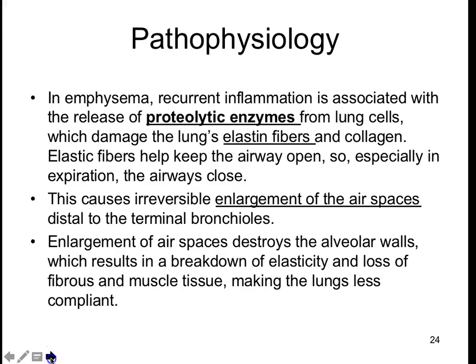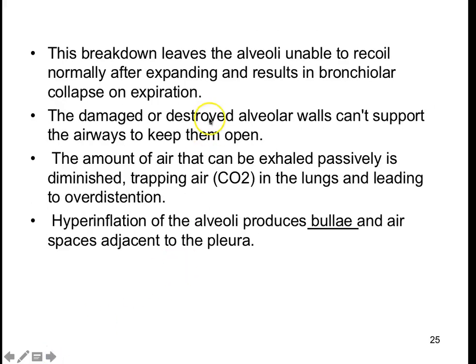And to make matters worse, so this is the breakdown of the alveolar. Damage that destroys alveolar walls can't support the airways to keep them open. And very often what will happen, especially in exhalation, you can't do it or you can't do it properly, and you trap carbon dioxide in the lungs.